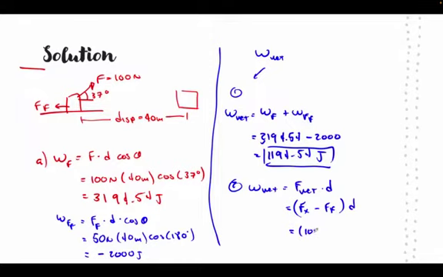This is going to be equal to 100 cosine of 37 minus 50, times 40. That gives me exactly the same answer, 1194.54 joules. So whichever method you want to use, it's the same.